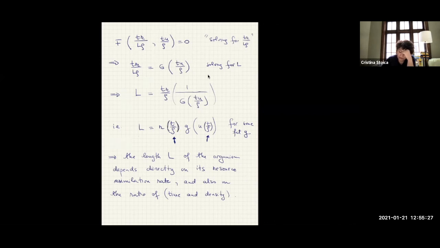This ratio, for instance, can increase if the time increases or if the density decreases. So I have to take it together. I have to look at T and rho together as this ratio, not separately. So the length will be higher if this ratio is higher.